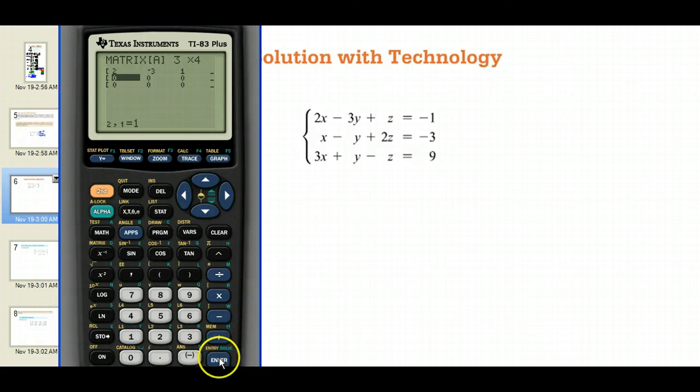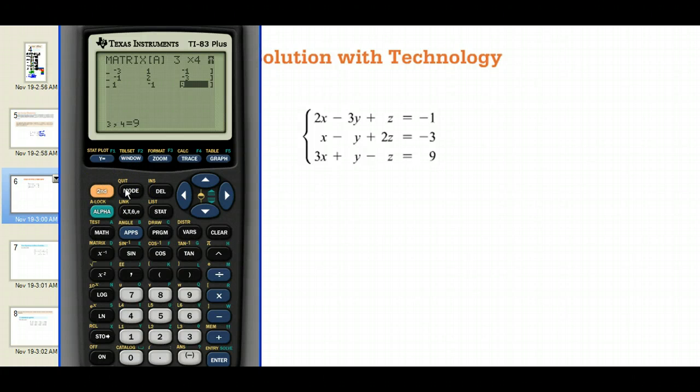Alright, so 1x, negative 1y. Again, don't forget the minus signs. Negative 3. Alright, 3, 1, negative 1, 9.